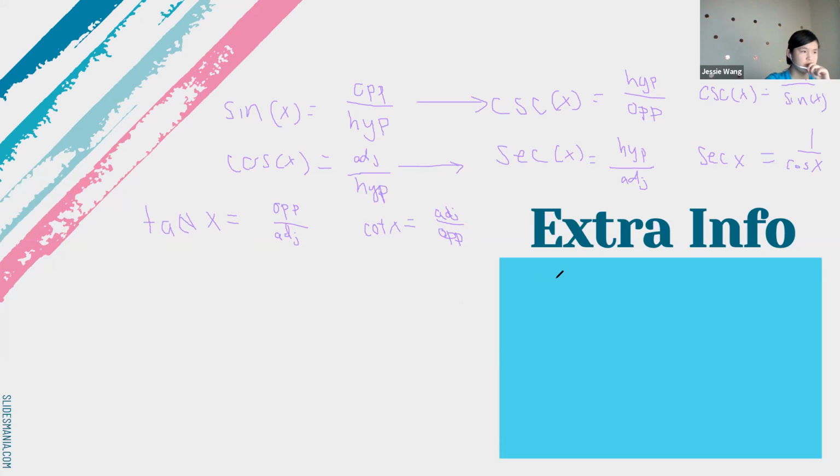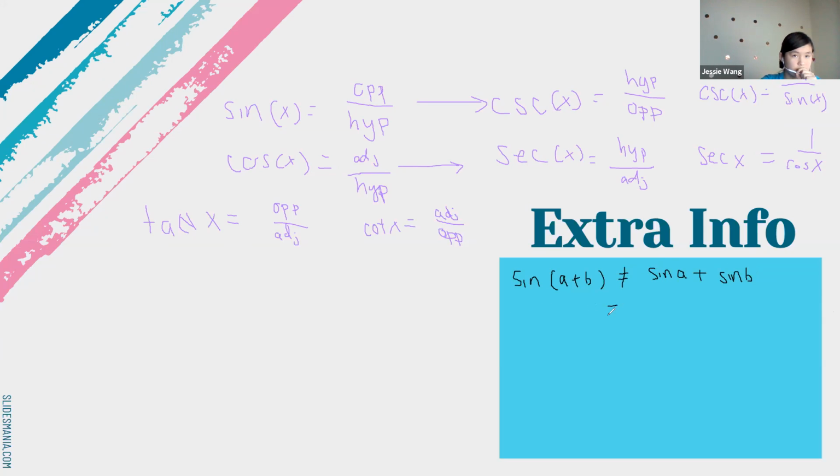You might need these to switch a lot of functions. But we have sum and difference formulas. So if we have two angles, sine of A plus B is not equal to sine of A plus sine of B. This is an assumption, but this is false.